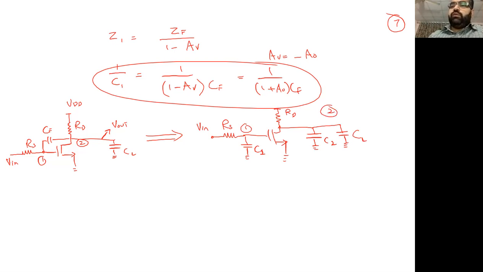And what will be the value of C1? We know its gain. What is the gain equivalent to AV? Minus GM1 RD. Again, R naught is infinite. So I can find that C1 will be equal to an increased value, 1 plus GM1 RD times CF.